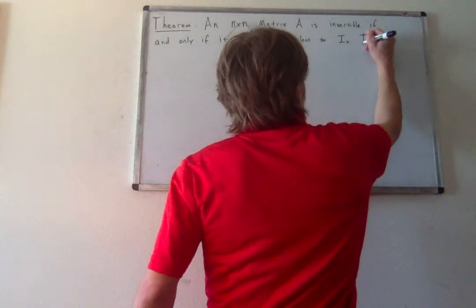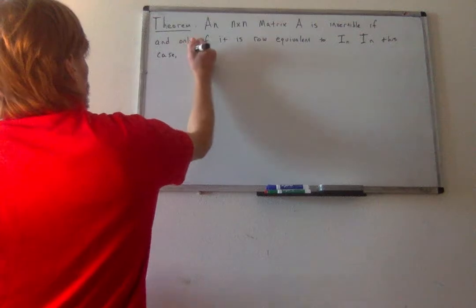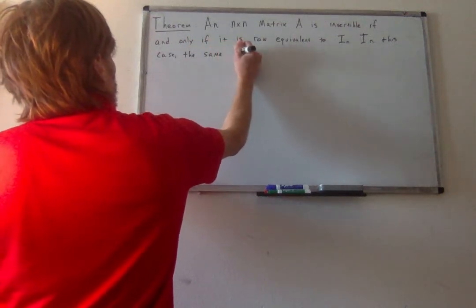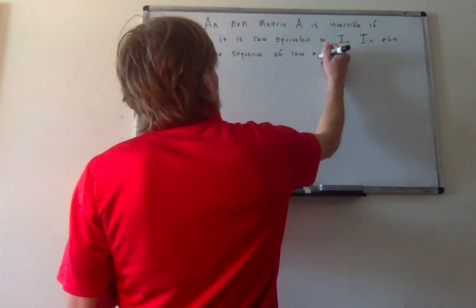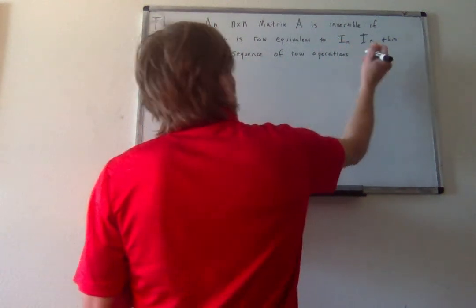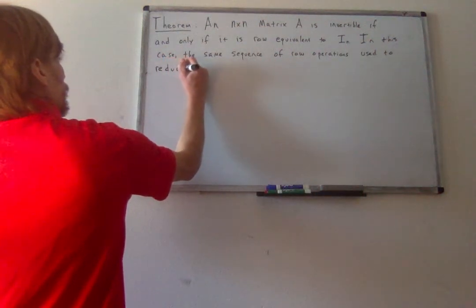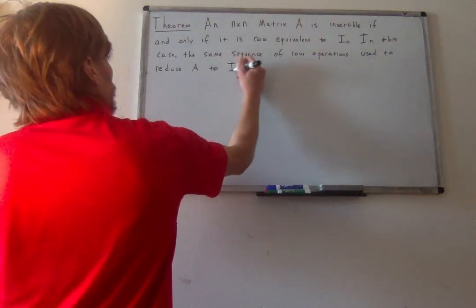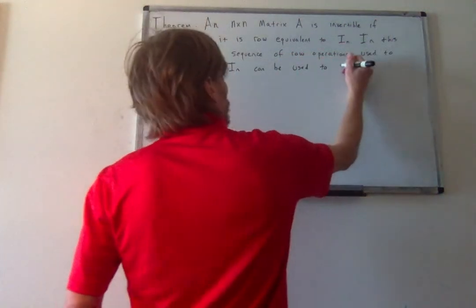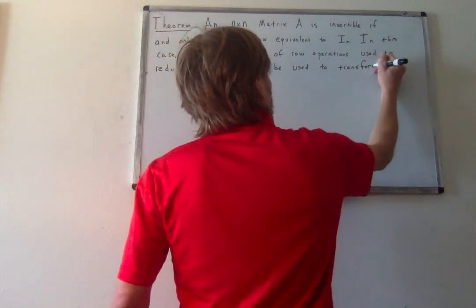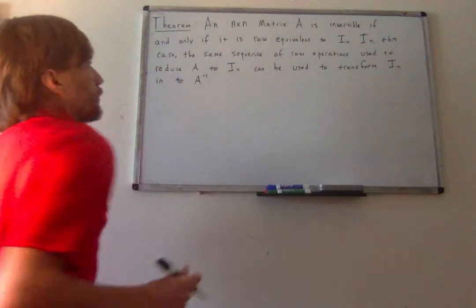And on top of that, this tells us how to find the inverse, because the same sequence of row operations used to reduce A to the identity can be used to transform the identity matrix into A inverse.